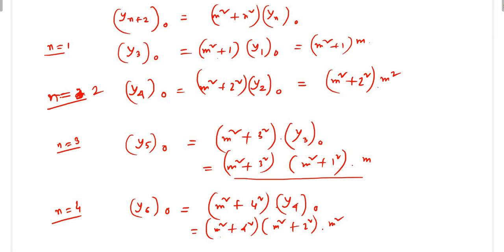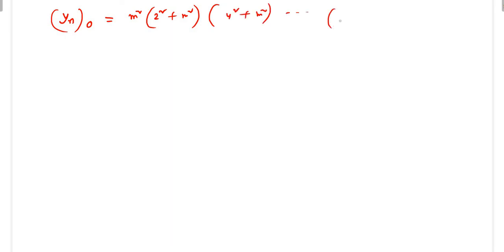So let me write the final answer. y n at 0 equals m square times 2 square plus m square, 4 square plus m square, up to n minus 2 square plus m square, if n is even. Look, all the even squares are happening.